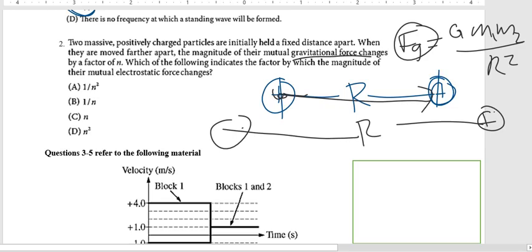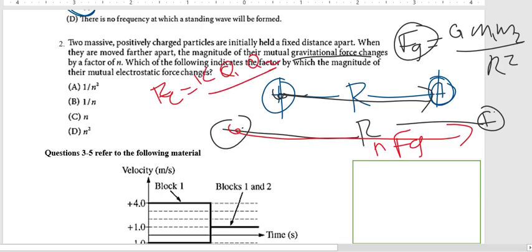So this one gets pulled that way, Fg, and this one would be Fg, and n is just like the coefficient, just a number that goes in front of it. So n Fg. Okay, they want to know what happens to their mutual electrostatic force. The electrostatic force between these guys would be Fe, equals Coulomb's constant, charge 1, charge 2, over r squared.